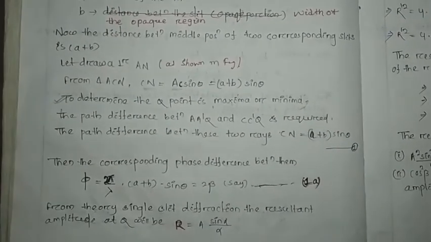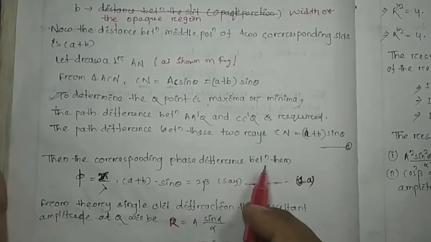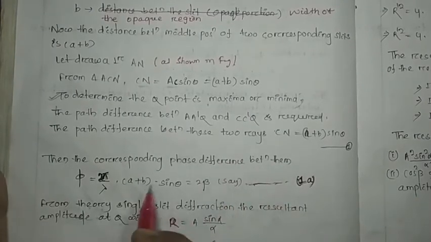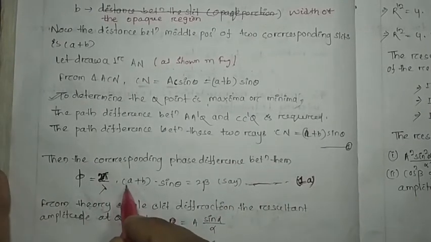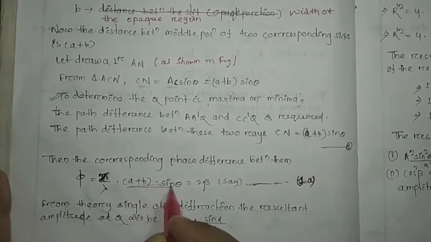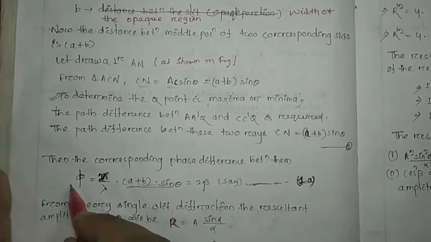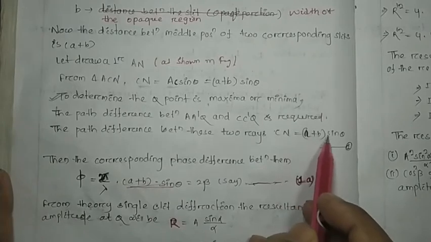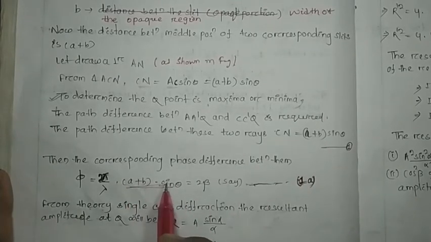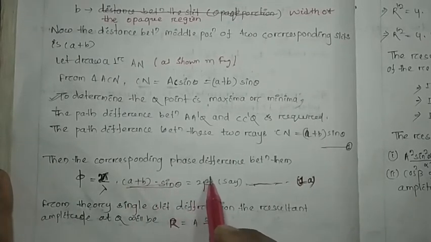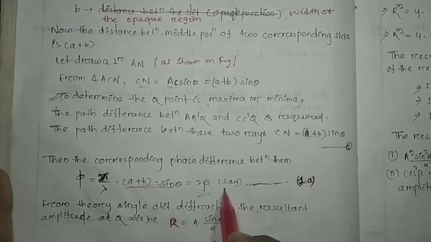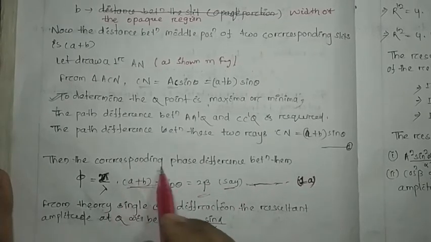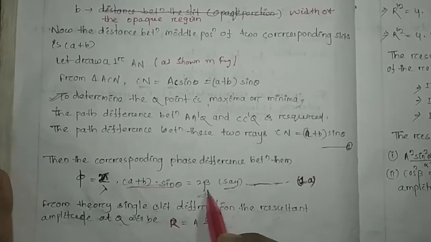Then the corresponding phase difference between the two rays will be, we know that 2 pi by lambda into path difference is called the phase difference. So the phase difference is 2 pi by lambda into (a + b) sin theta, which will be equal to 2 beta.